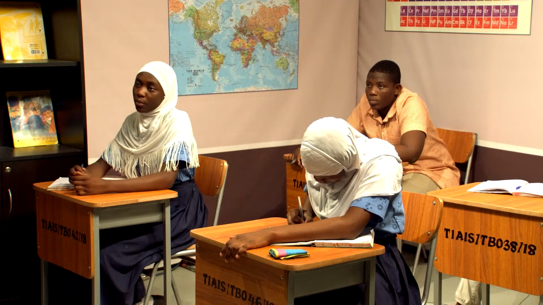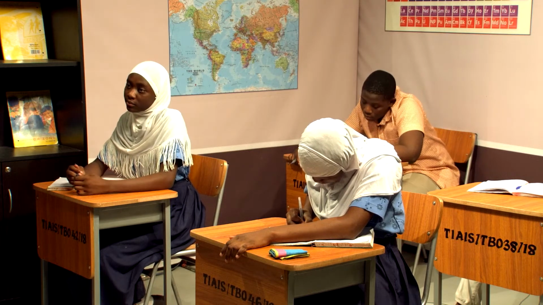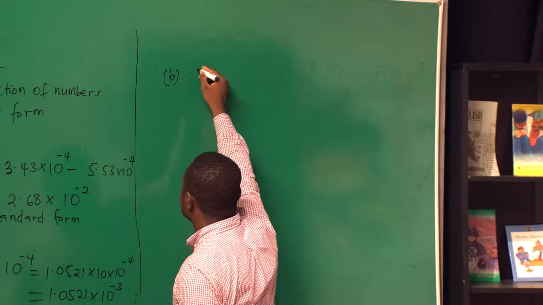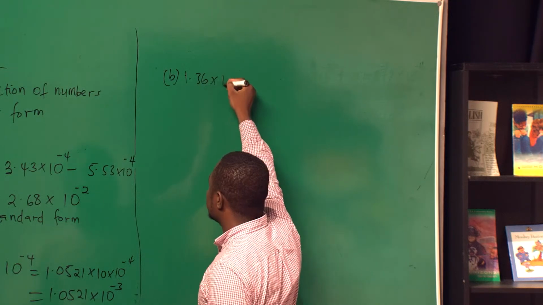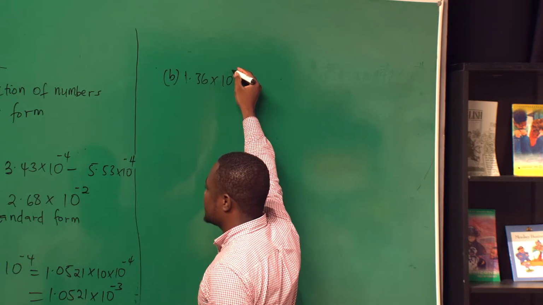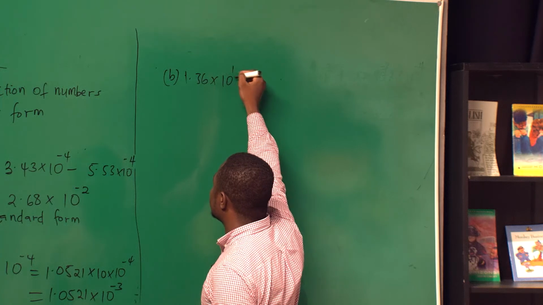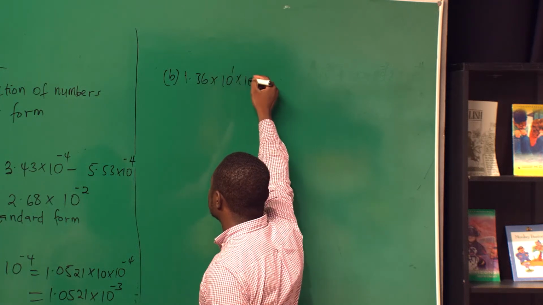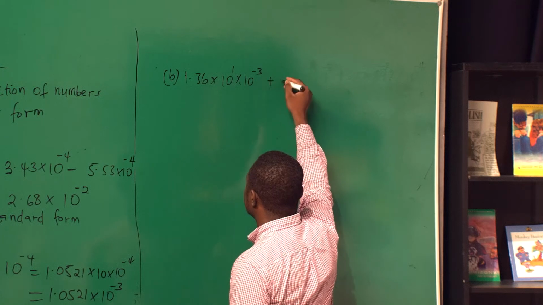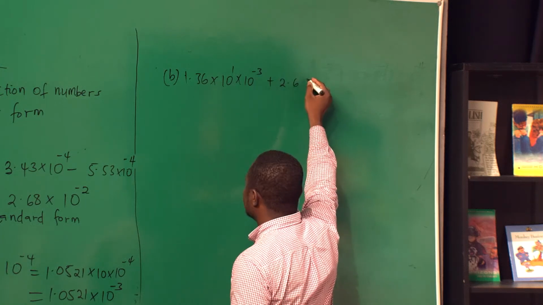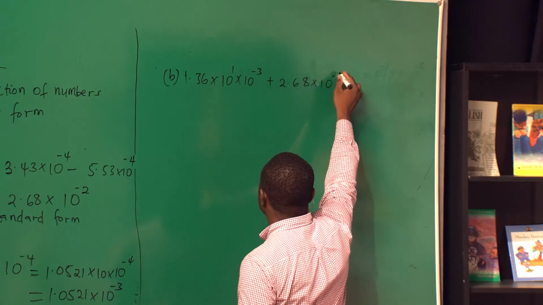So it will be 1.36. So the B becomes 1.36 times 10 exponent 1, times 10 exponent negative 3, plus 2.68 times 10 exponent negative 2. Okay.